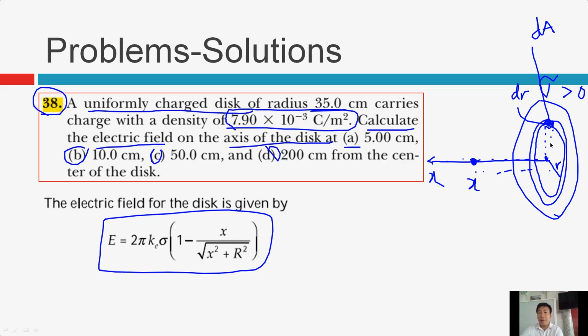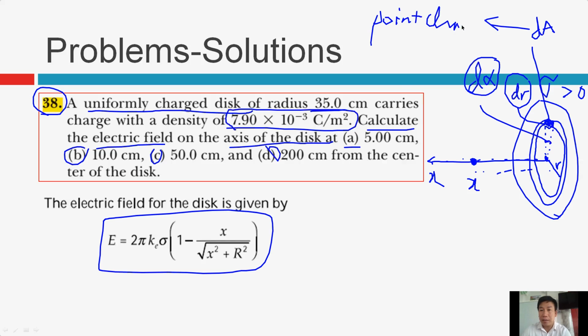And how about the dA? The dA will have an angle, the alpha. Okay. Can you keep it? So when I reduce the dr and reduce the alpha, I will have the dA same as the point charge, right?